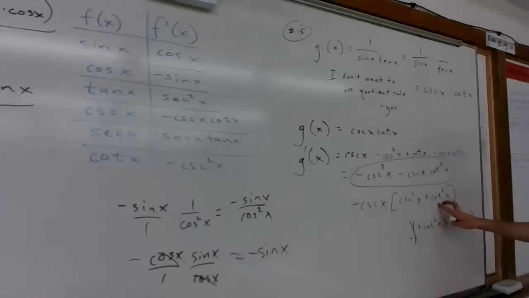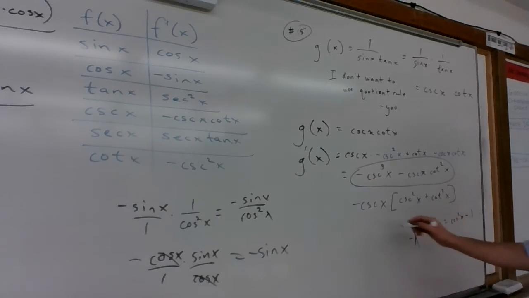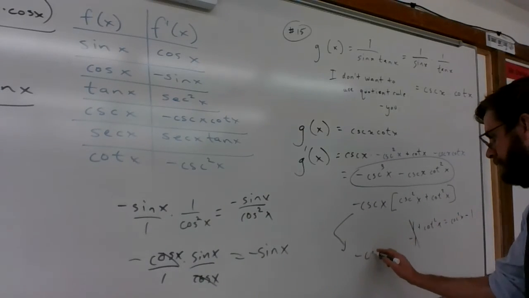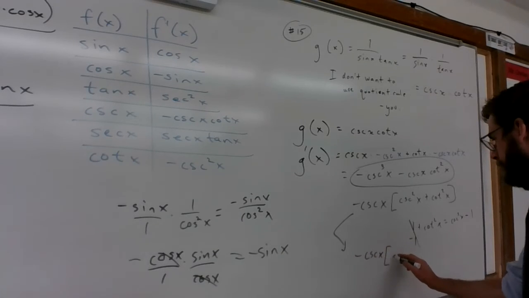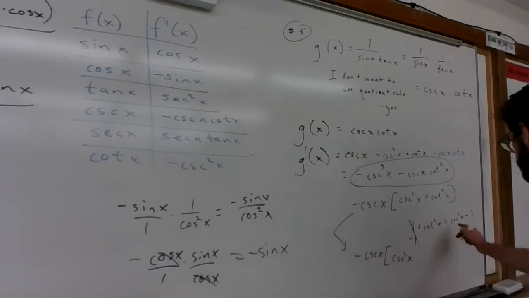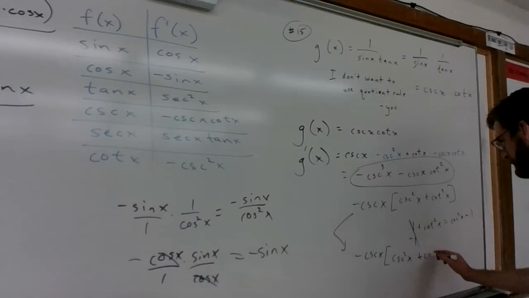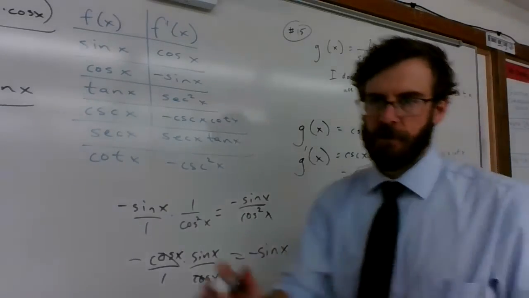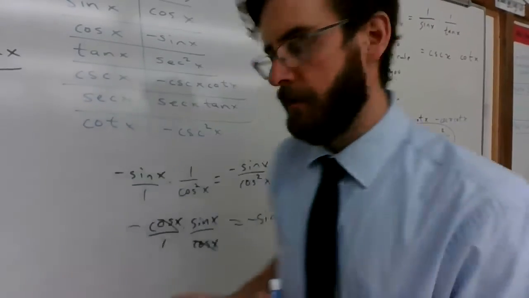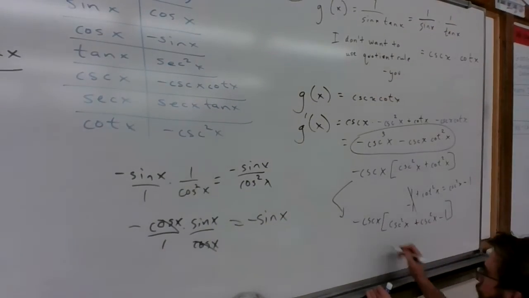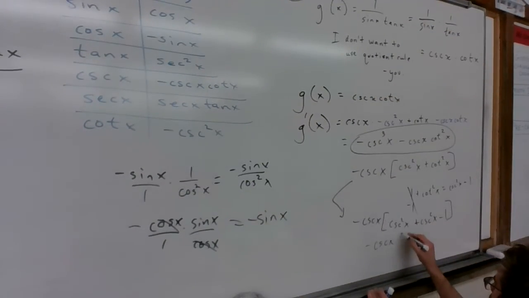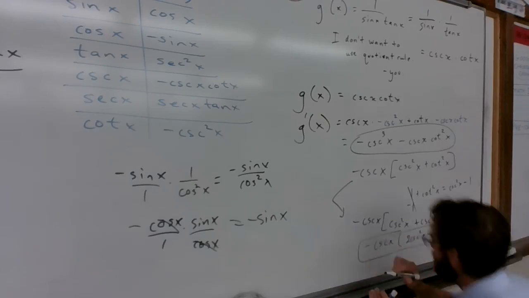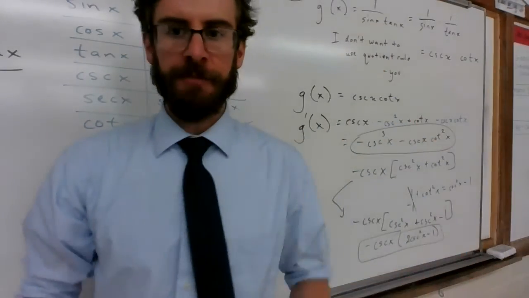I could replace cotangent squared with cosecant squared minus 1. All right, can you guys see that? Which is negative cosecant of x times 2 cosecant squared x minus 1. Okay. We were able to rewrite it all in terms of cosecant.